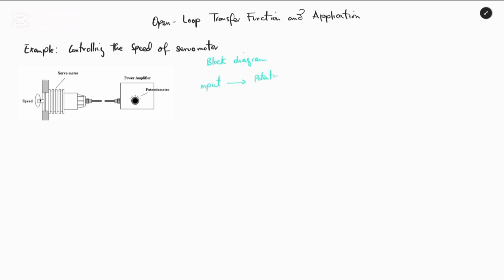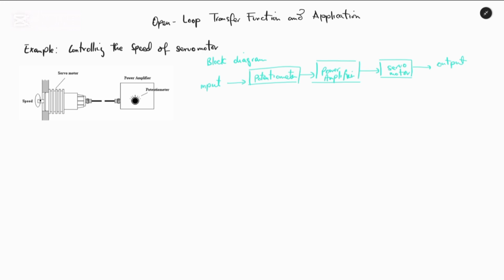A potentiometer is nothing but a variable resistor, and it is connected to the power amplifier, and finally it is connected to the servo motor, and we should have the output. Since this is the open loop, there is no feedback in this system.